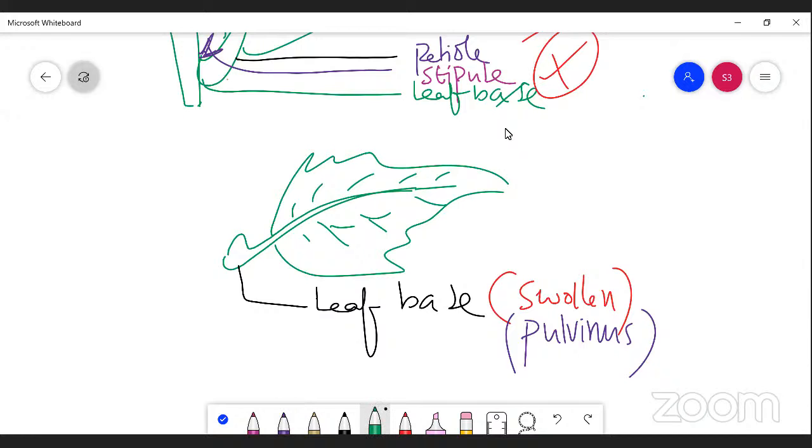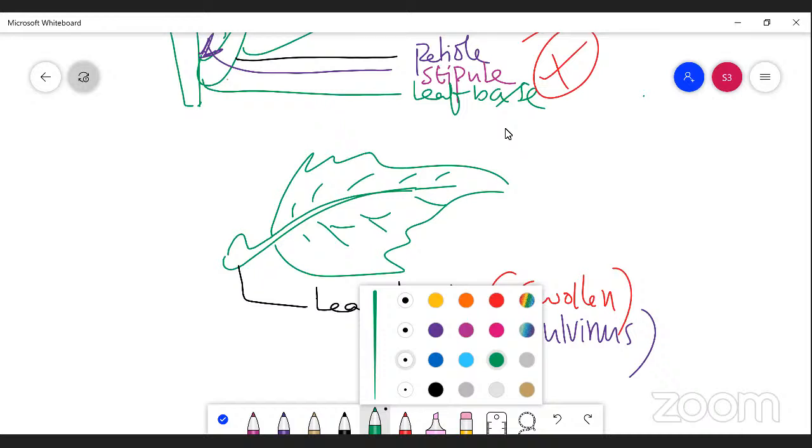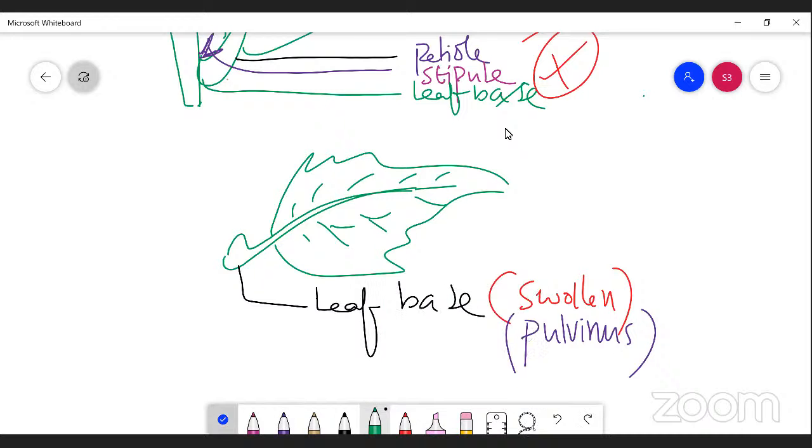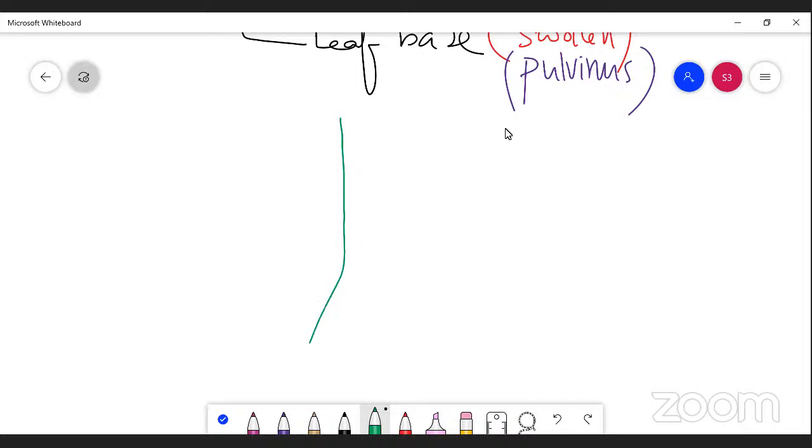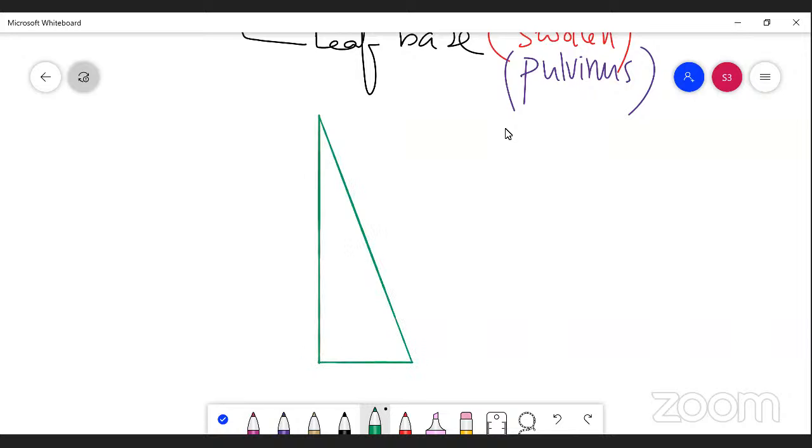Sometimes the leaf base becomes a sheath-like structure. If you take a banana leaf, you find in banana, now this is a leaf, in that case you find the leaf base is very broad and sheath-like.